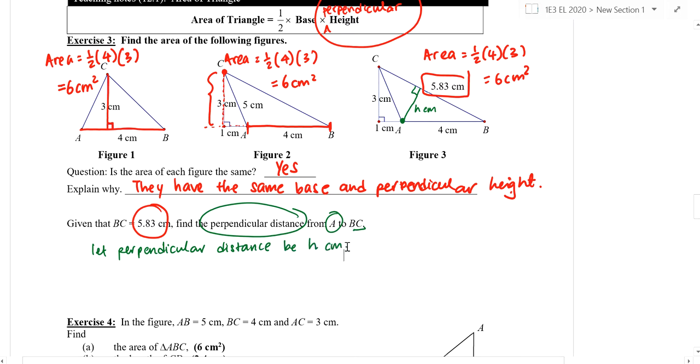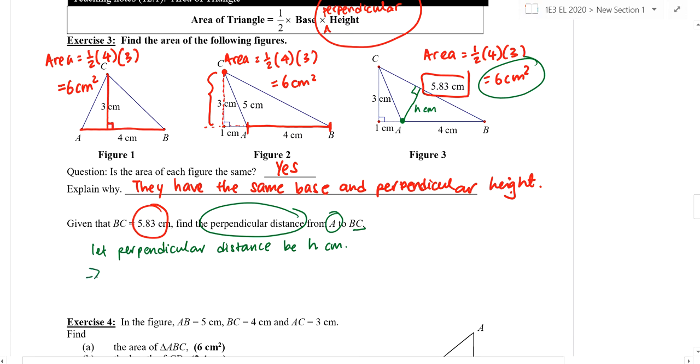Now we know that the area of figure 3 is 6 square centimeters. We calculated that earlier on. And since we know that BC has a length of 5.83 centimeters, if we choose BC now to be our base, then the perpendicular height, H, will be what we need to find out. And we can work that out based on the known area of 6 square centimeters.